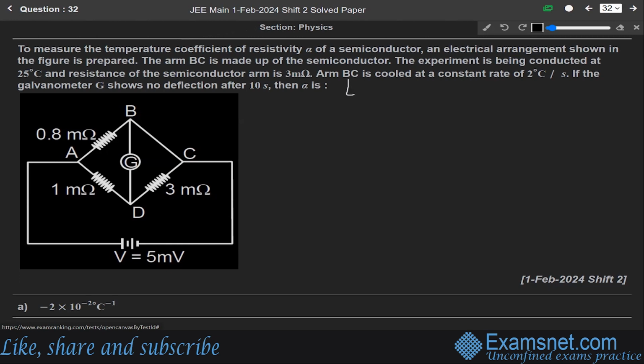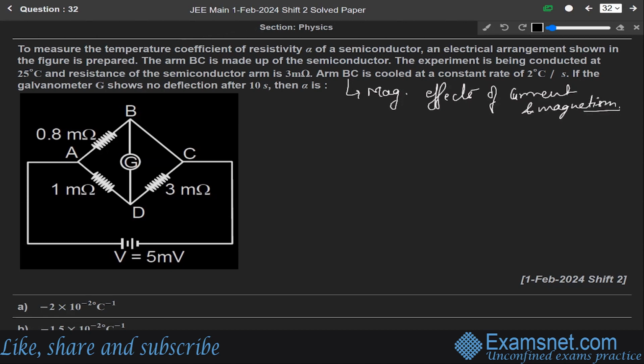So this question is also from the chapter of magnetic effects of current and magnetism. See, two continuous questions have been asked from the same chapter.